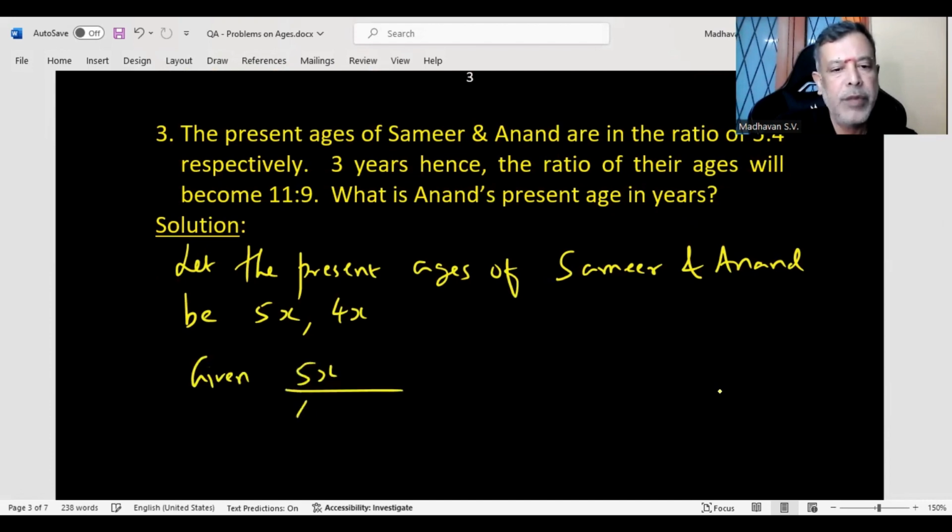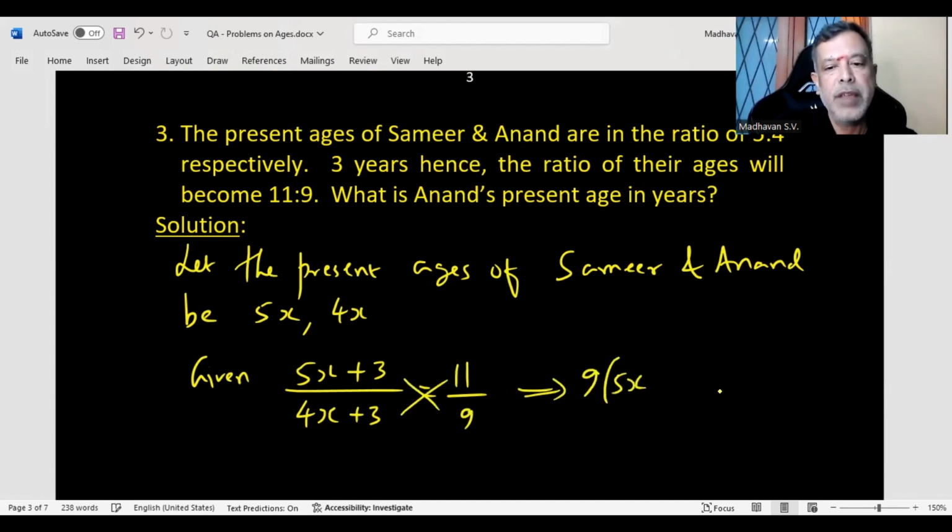Given 5x by 4x, which is the current ratio, 3 years hence it will become this plus 3, this plus 3, and that ratio becomes 11 by 9. Now by cross multiplying, we get 9 times 5x plus 3 is equal to 11 times 4x plus 3. 9 into 5 is 45x plus 27.